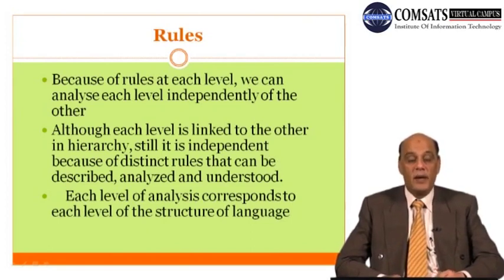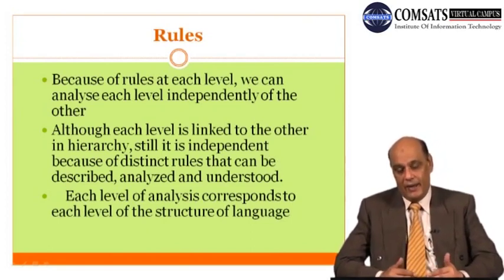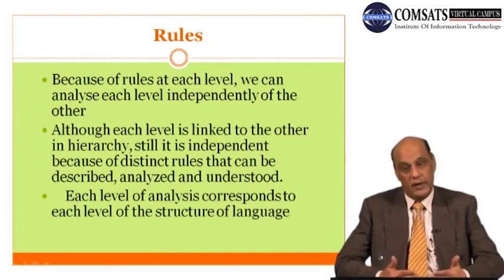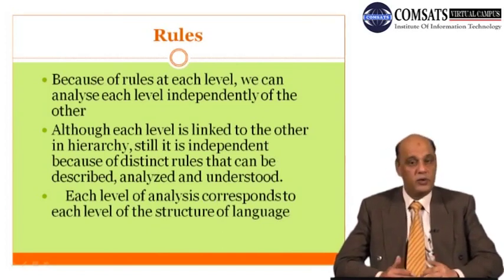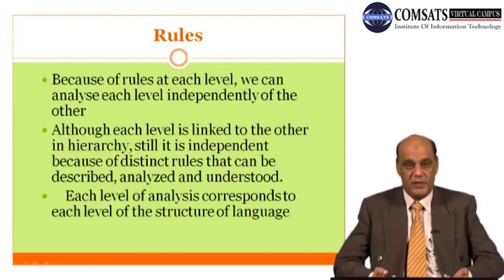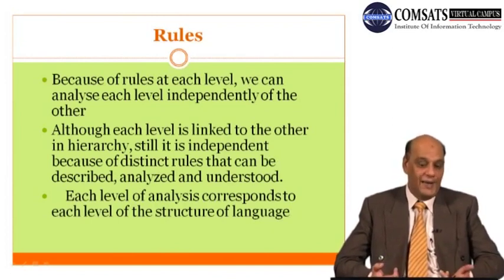We see that each level has some link. They are linked in hierarchy. The rules of morphemes are related to the phonemes and to the rules of phonemes in some way, and the rules of morphemes are again related with the rules of the sentences, or syntax.